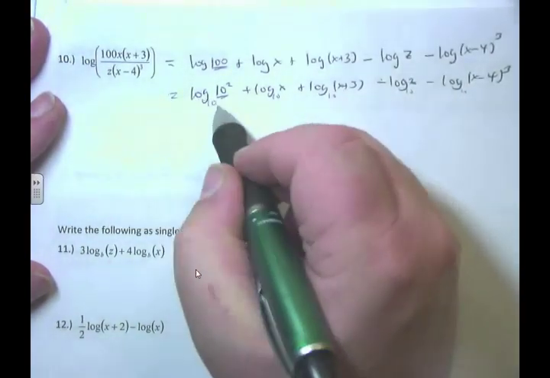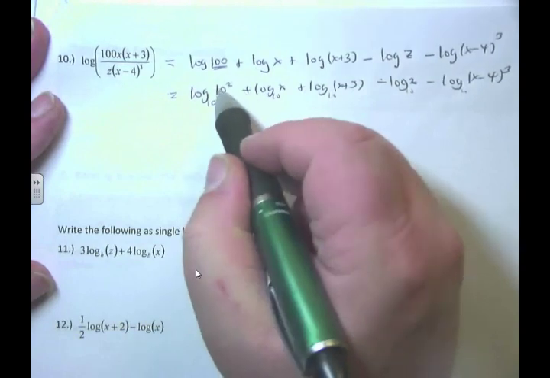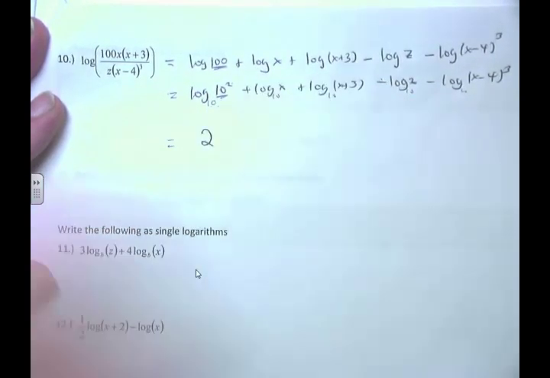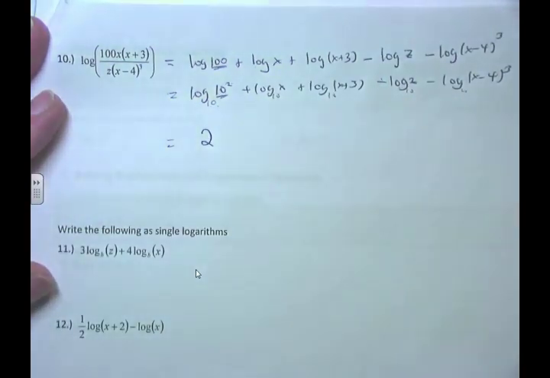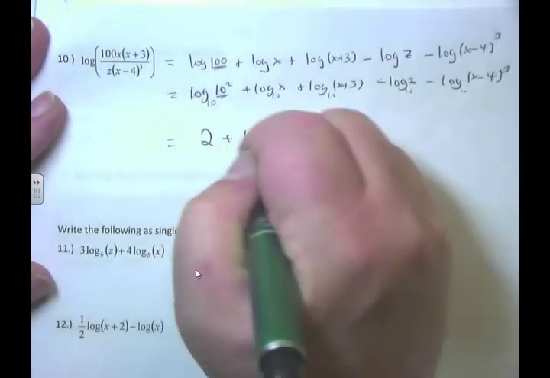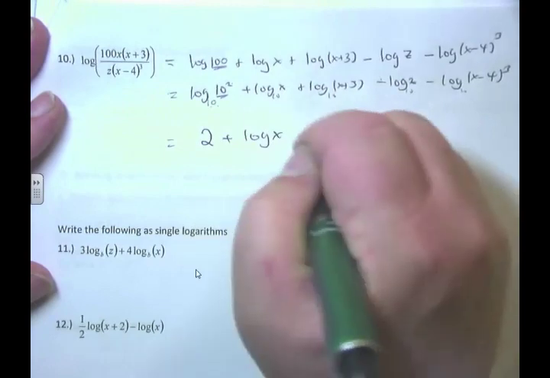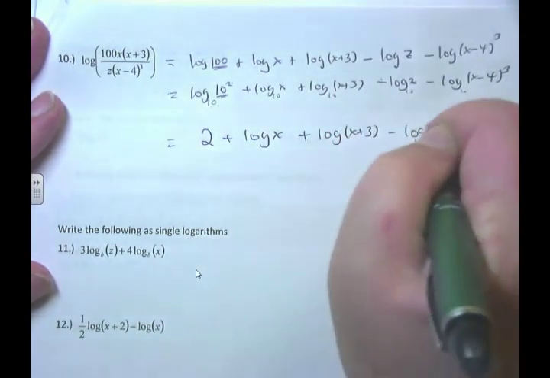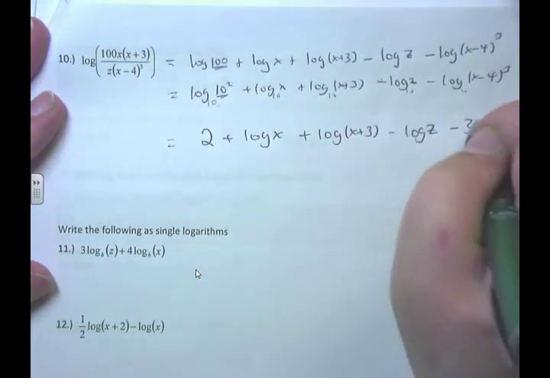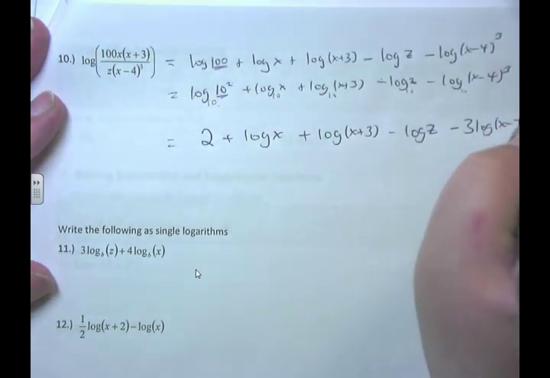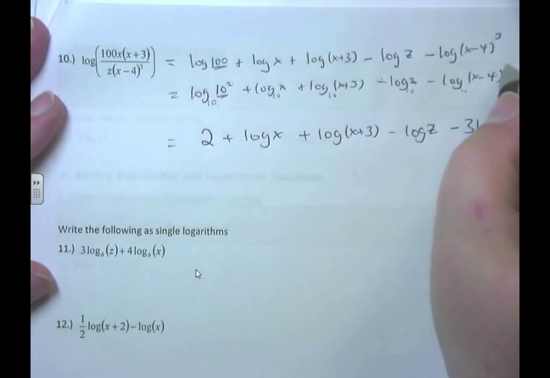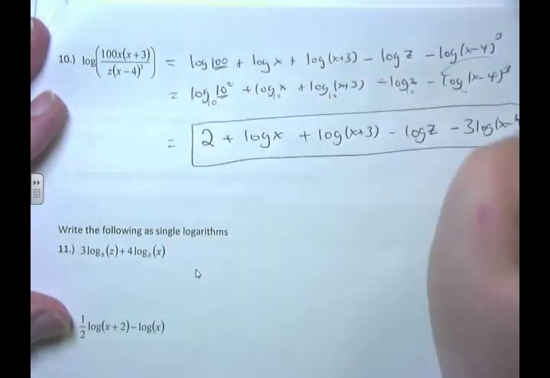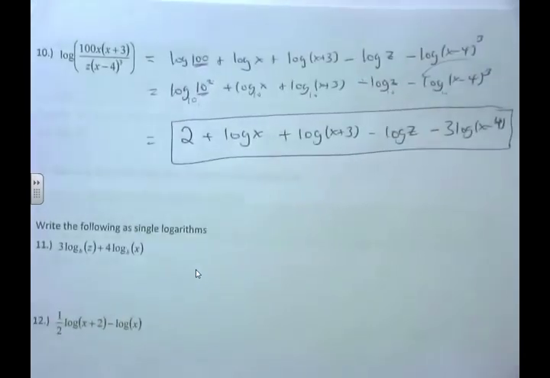And what is the log base 10 of 10 squared? Well, when the exponent and the log are the same, they cancel. What are you left with? 2, because the log canceled out. Plus the log of x plus the log of x plus 3 minus the log of z minus 3 times the log of x minus 4, because terms to powers, the power gets to pop out front. And that is my solution.